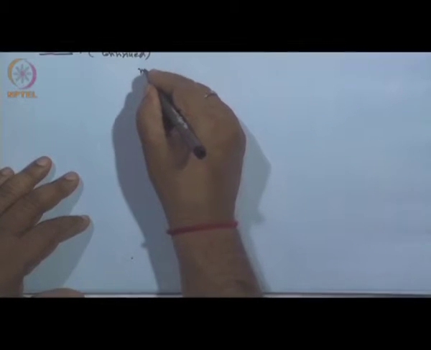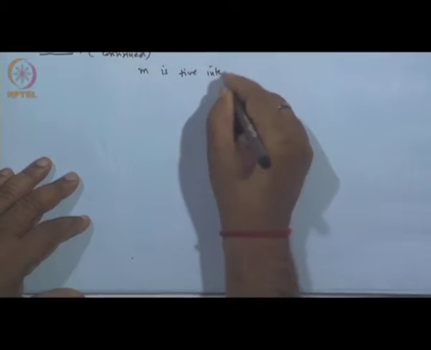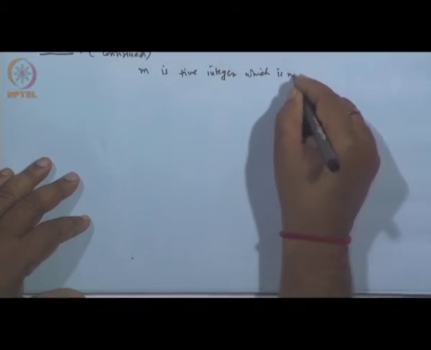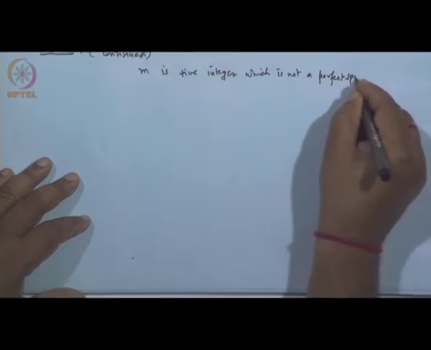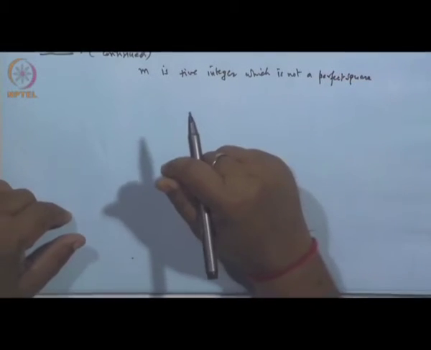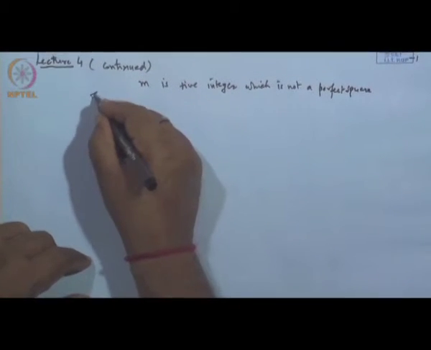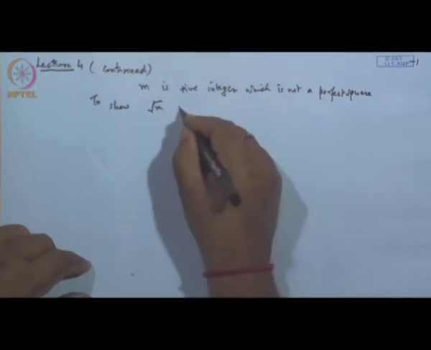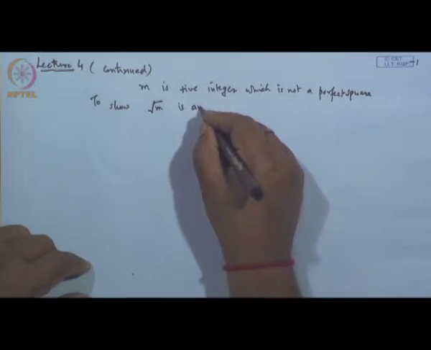Suppose m is a positive integer which is not a perfect square. Then we will show that the square root of m is an irrational number.